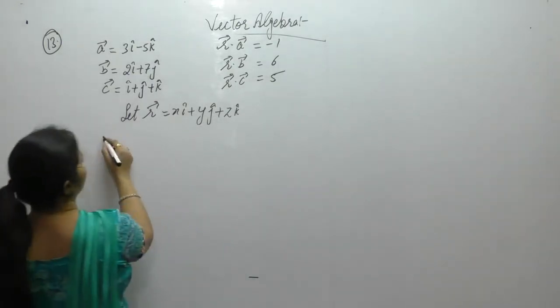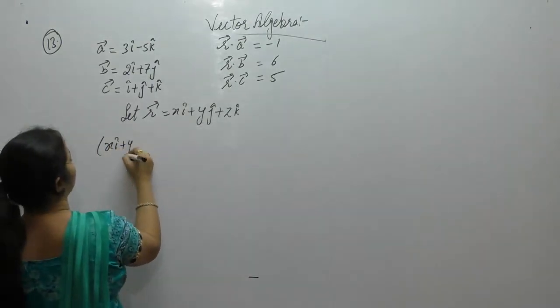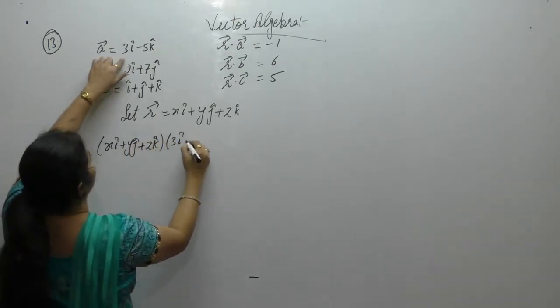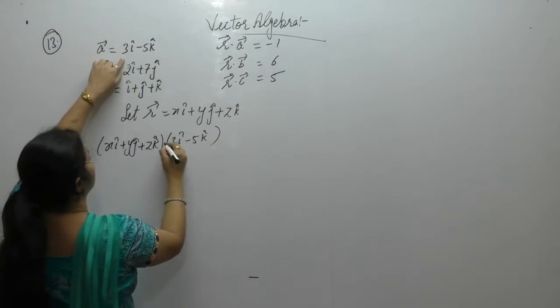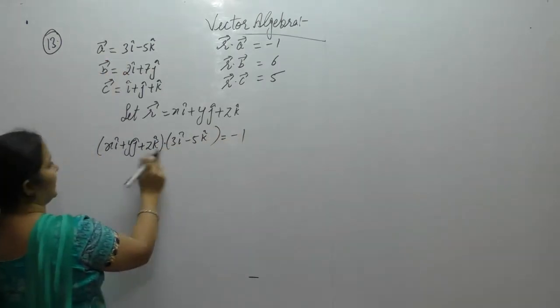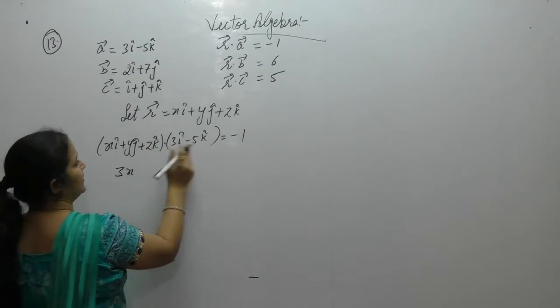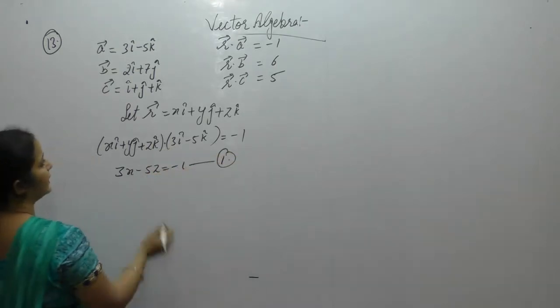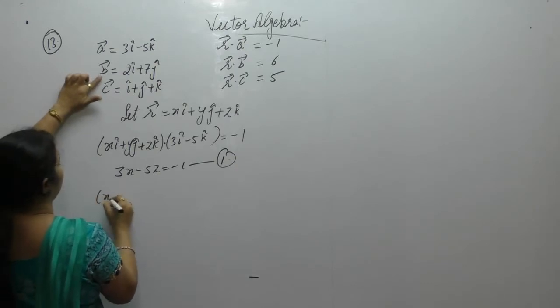Now first find the value of R dot A. A vector is 3i minus 5k cap. 3x minus 5z is equals to minus 1. R vector dot B vector.